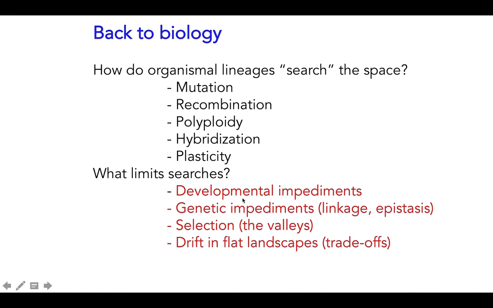Well, that has to do with differences in development, limitations in how much you can actually recombine your genome, genetic impediments such as linkage or epistasis, selection. Okay, you can actually have very strong stabilizing selection to limit searches, but also drift in the flat landscapes, and that's going to be influenced by the strength of different trade-offs.